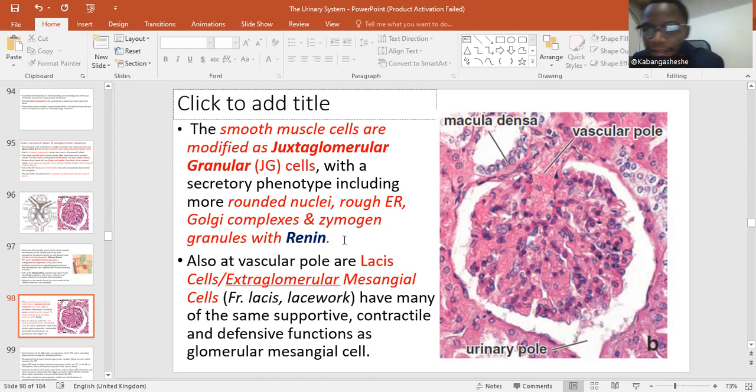Renin activates angiotensinogen, which is produced by the simple squamous cells found in blood vessels. So when this hormone is produced by the juxtaglomerular cells, what follows next is activation of angiotensinogen to angiotensin 1. Then angiotensin 1 is further converted to angiotensin 2 by an enzyme found in the lungs.